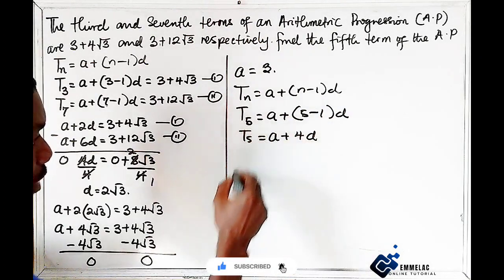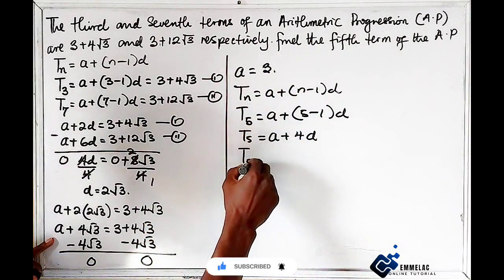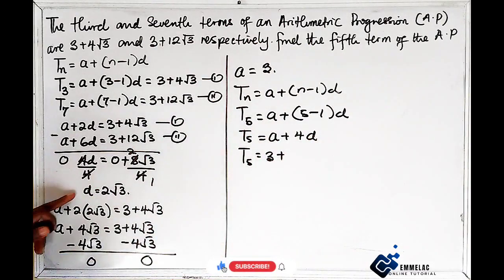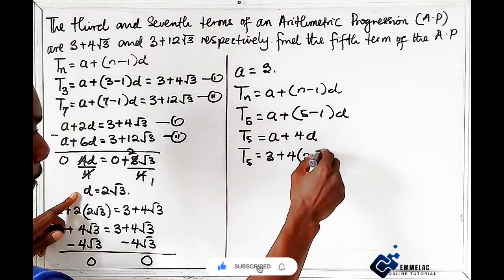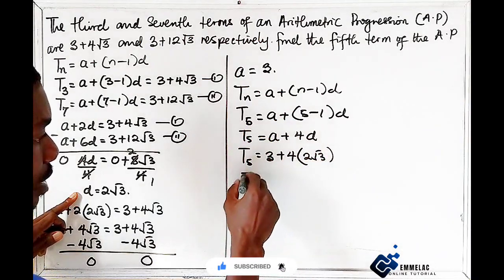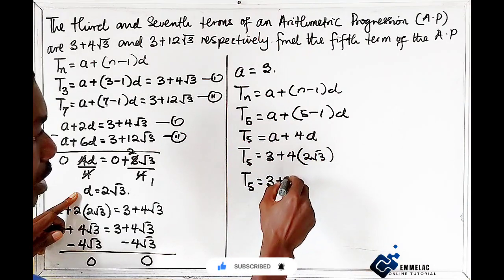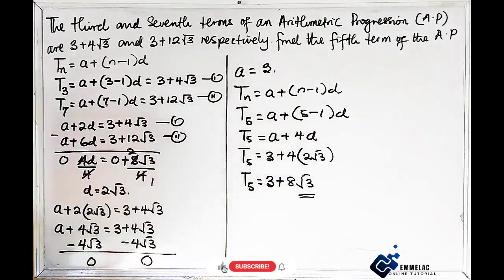Now let us plug in the value of A, which is 3, plus the value of D, which is 2 root 3. So our final answer for the fifth term will be 3 plus 8 root 3.